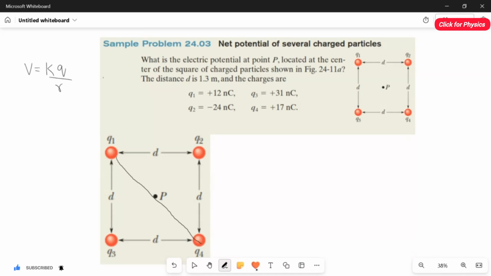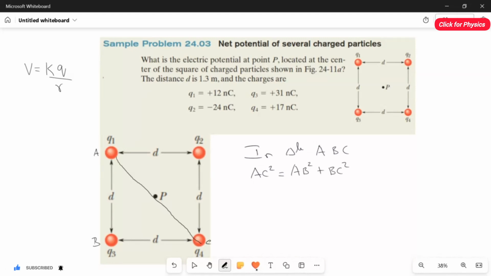So for finding the value of R, I'm going to choose one triangle. Let's name this triangle A, B, and C. So in triangle ABC, we are going to apply the Pythagoras theorem.